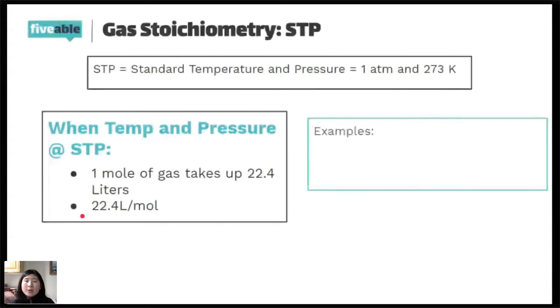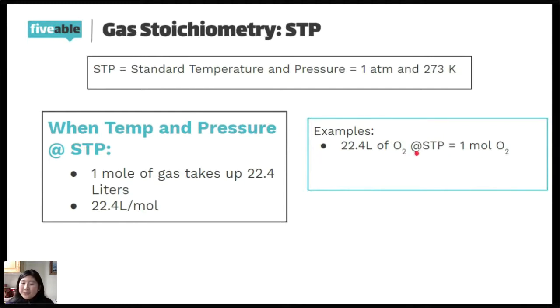Here, let me show you an example of how we would use this. Here we have 22.4 liters of oxygen molecules at standard temperature and pressure. If we see 22.4 liters of oxygen gas at standard temperature and pressure, we will know that that equals 1 mole of oxygen gas molecules.